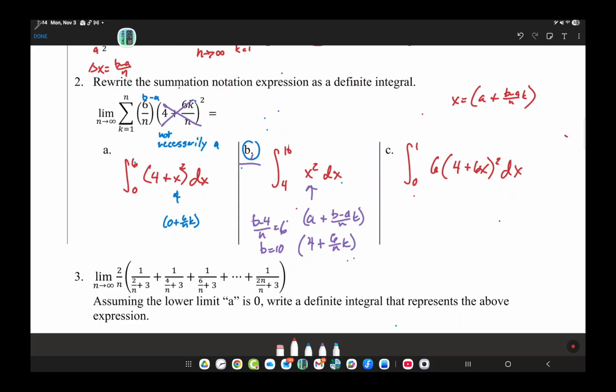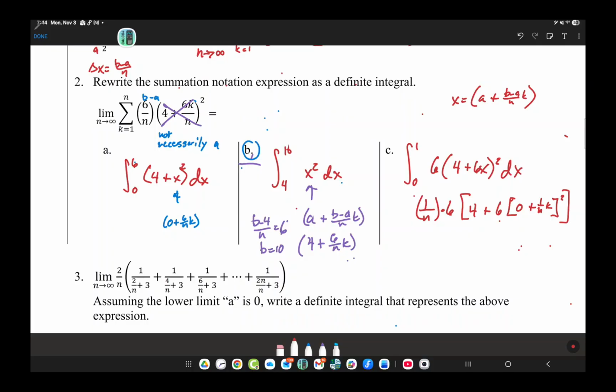So we could have 1 over n times 6, bracket of 4 plus 6. Again, if my a value is 0, I would write that as 0 plus 1 over nk squared.